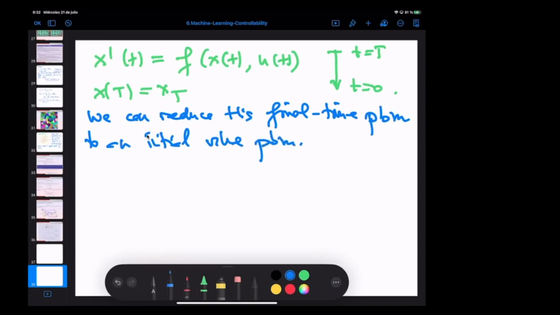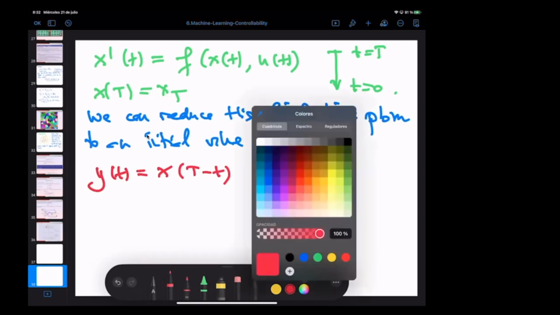Well, I will simply define the trajectory y(t) equal to x(T minus t). And what's going to be the ODE associated to y?